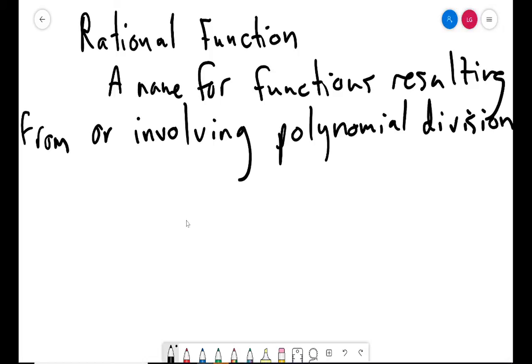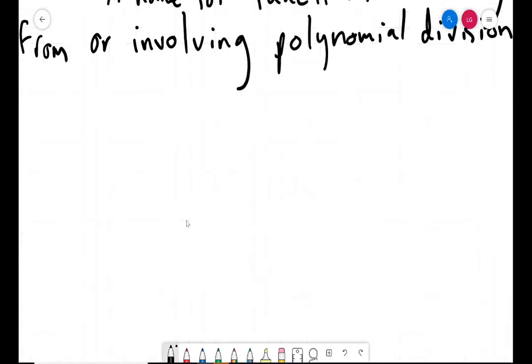Okay, so something is interesting here. If you add, subtract, or multiply polynomials only in the course of creating a new function, the result is a polynomial. If you divide two polynomials, not necessarily. So it could be, it's called a rational function. The result doesn't have to be a polynomial itself.